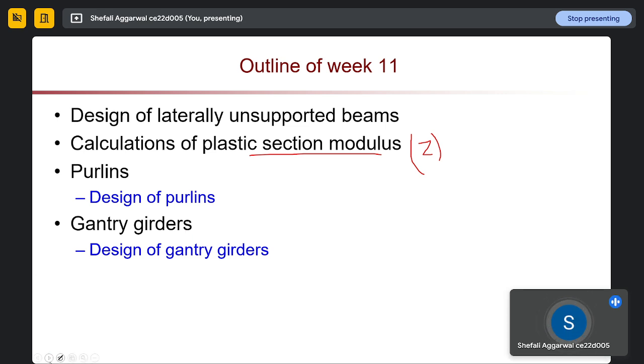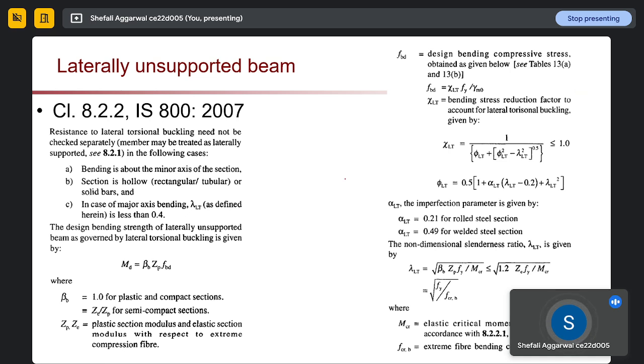So if we go one by one, first is the laterally unsupported beam. This is the basic definition of laterally unsupported beam given in IS 800. How we divide laterally supported and unsupported beams: when there is lateral bending, they are normally called laterally supported beams.